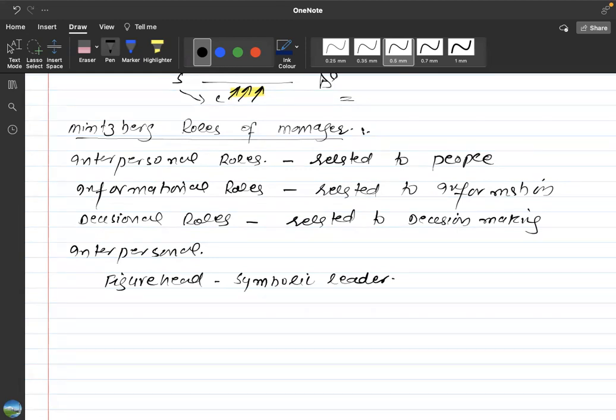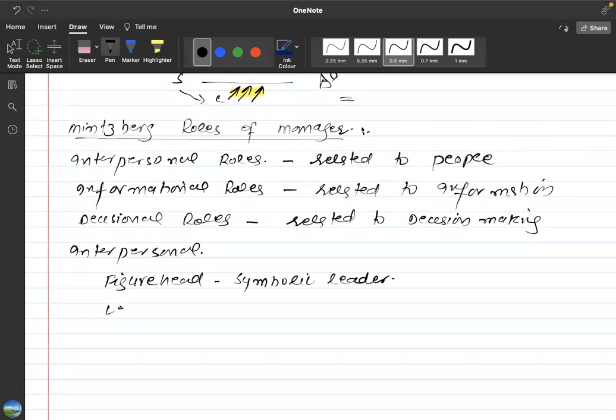This is called figurehead. Figureheads are usually involved in the process of changing the systems of the business organizations when managers are failing to do that because people do not accept the new laws or new situations. Figureheads work there, and they make people realize that something that is going to change is in their favor.